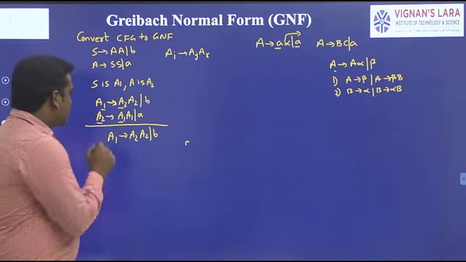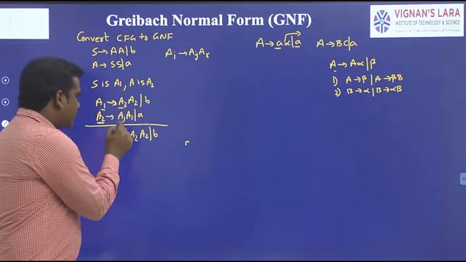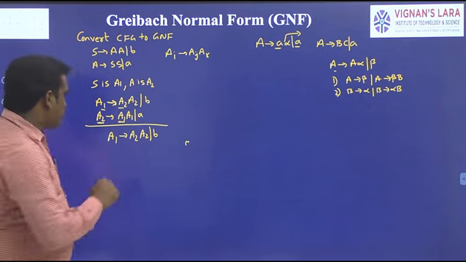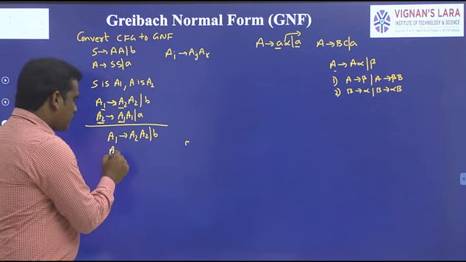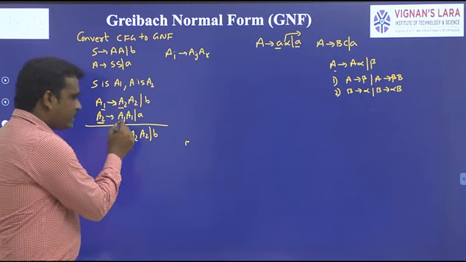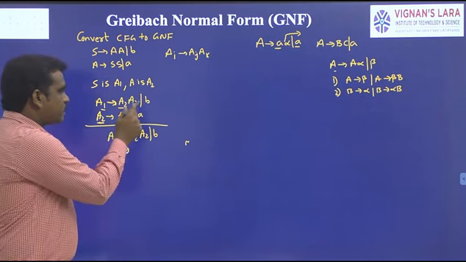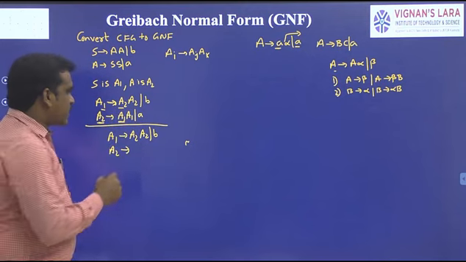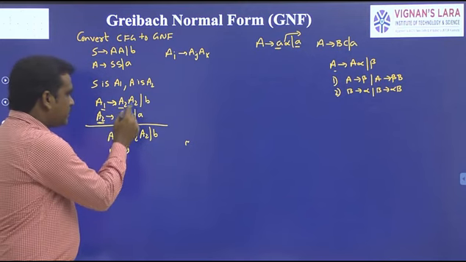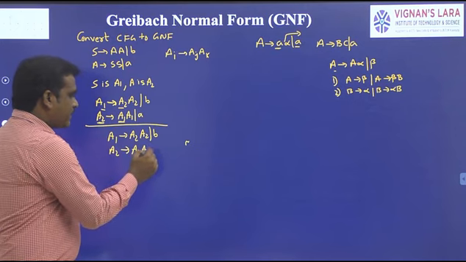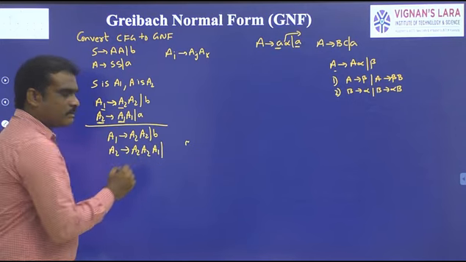The second production is A2 goes to A1. Now 2 is greater than 1, so the condition is true. Now in this production, A1 is replaced with the A1 productions. What are the A1 productions? These 2 are the A1 productions. Starting with the first production, A1 is replaced with A2 A2, followed by A1.